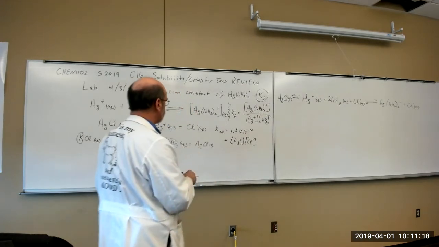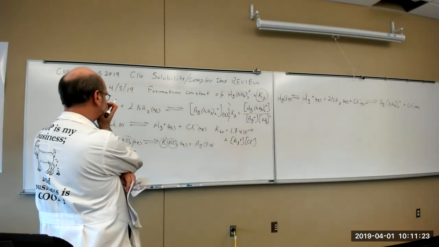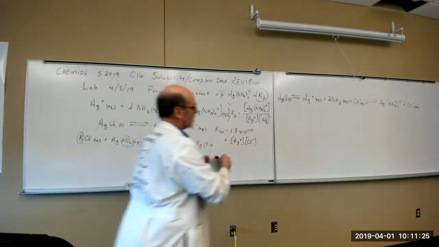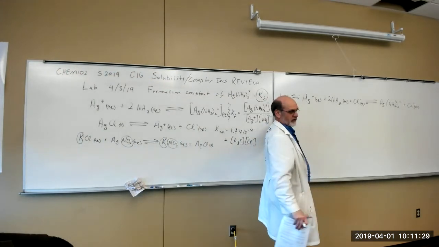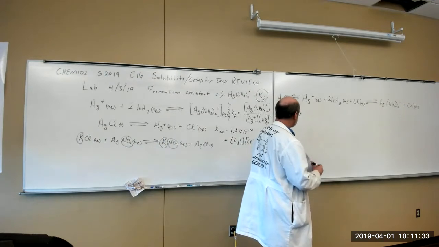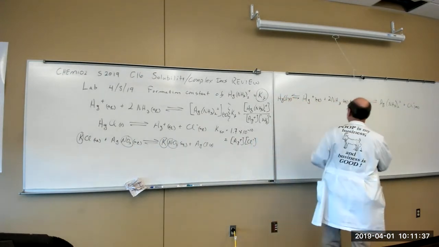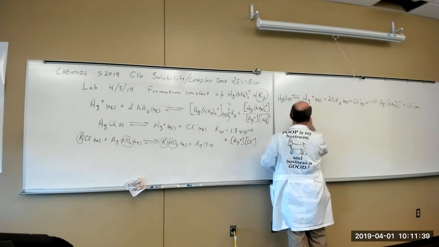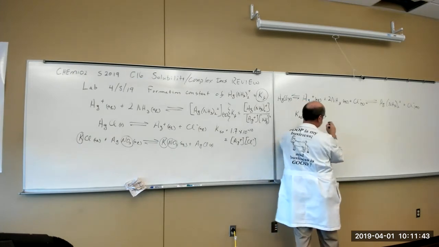Let me back up. Right now, this cannot be part of the equilibrium expression because it's a solid. So that's why we have to stick to this side over here. And this equilibrium expression, maybe this is where I need to go.